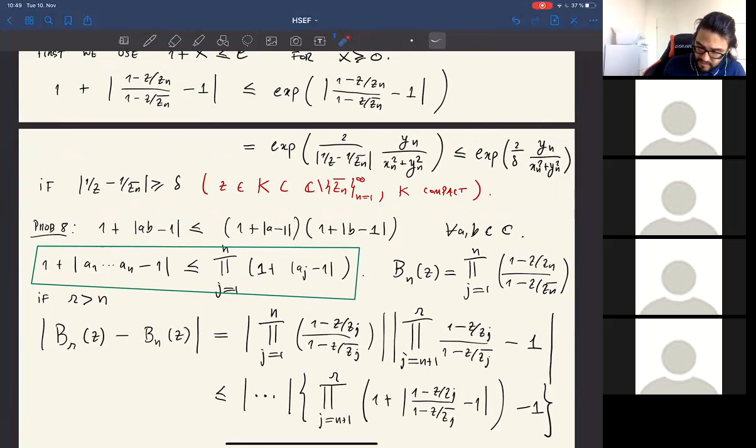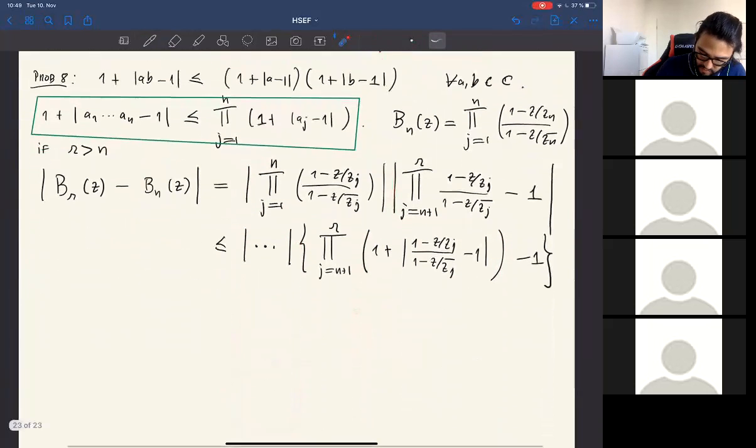Okay, I could directly apply this to each term here, and I will get a product of these exponentials, so we'll get a sum. That would be great, but I still have to deal with this term here, which is this guy there.